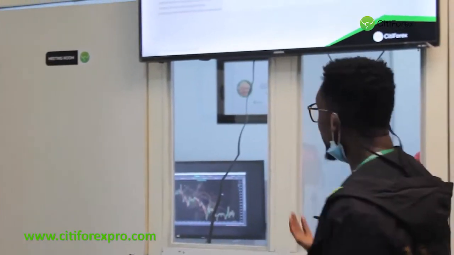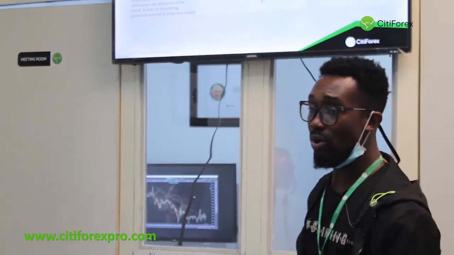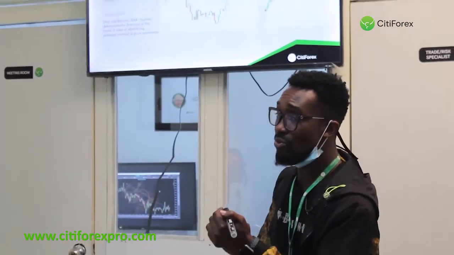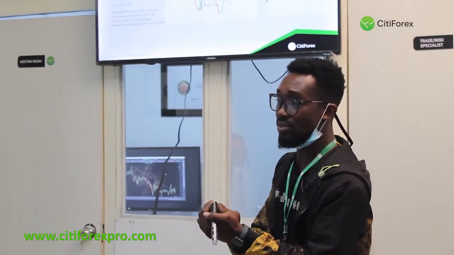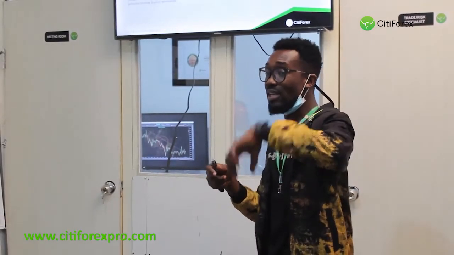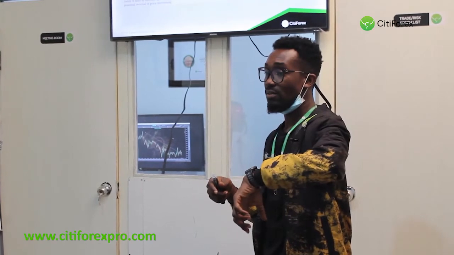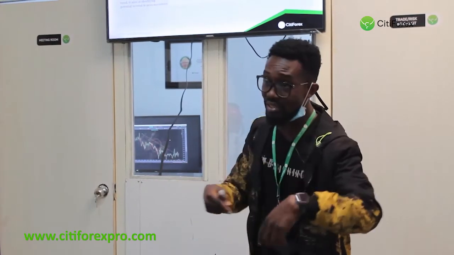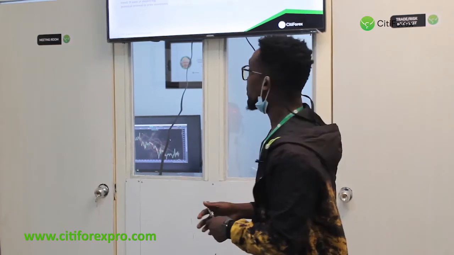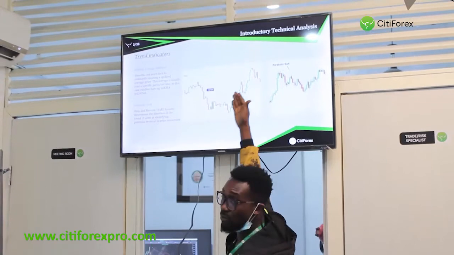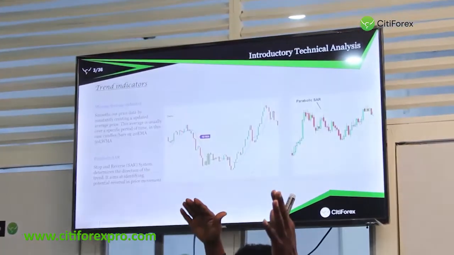Okay, so there are different types of EMA. I'm not going to bore you with all of that, but just understand that the best one we like to use is the exponential moving average. The reason is because it reacts more to recent price changes, meaning that it will pay less attention to what has happened in the past.